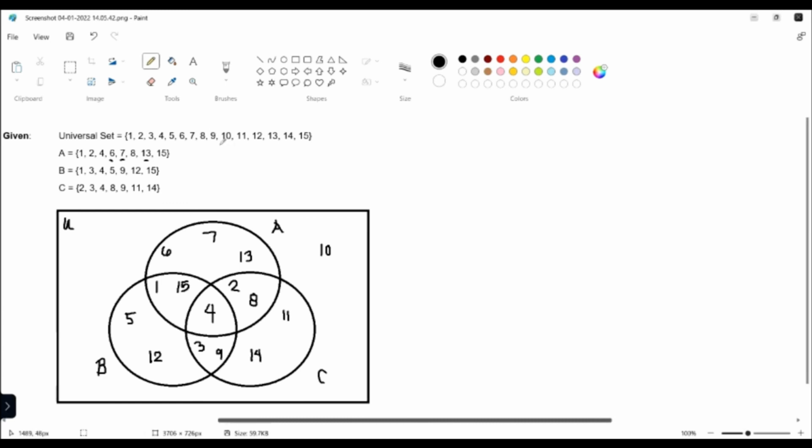Yes, 10. We have 11, 12, 13, 14, and then 15. Yes, it's only 10. This is now the presentation, the Venn diagram of the given information here. Question. Wala po, sir. Okay, none.